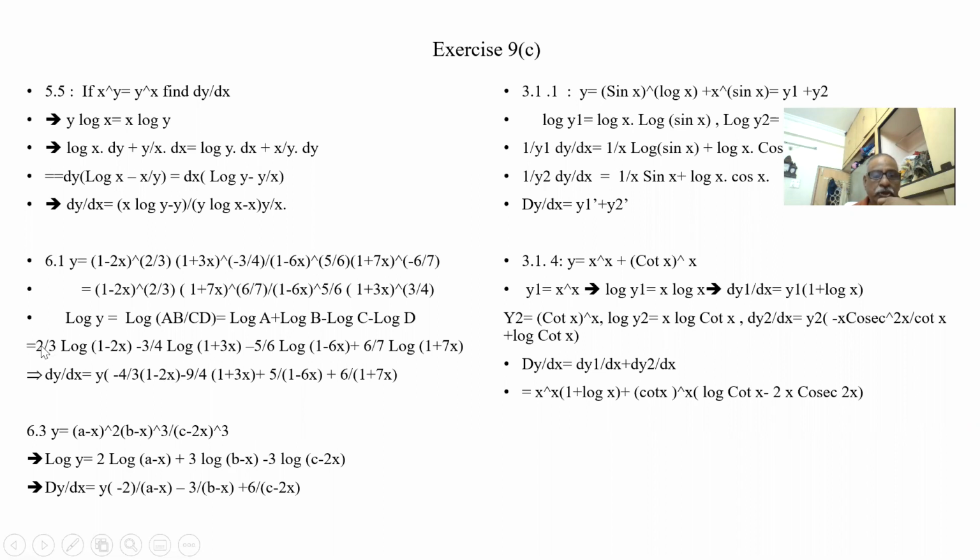So minus 2 into 2 minus 4. Minus 4 by 3 into 1 minus 2x, this is in the denominator. Similarly here 1 by 1 plus 3x into 3. So minus 3 into 3 is 9. So minus 9 by 4 into 1 plus 3x. This is 1 by 1 minus 6x into minus 6. Minus into minus, 5 plus 6 getting cancelled. So plus 5 by 1 minus 6x. Similarly here 1 by 1 plus 7x into 7. 7 getting cancelled. 6 by 1 plus 7x.